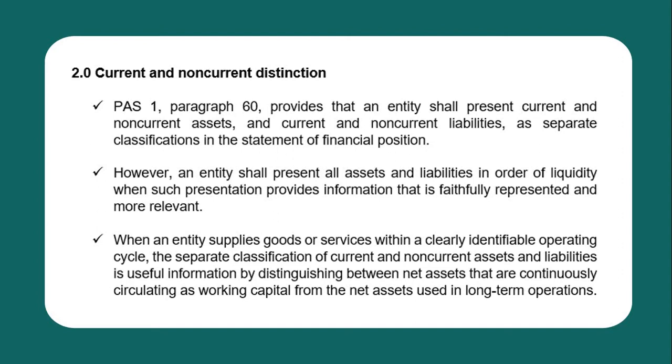Aside from the one year period, another basis of classifying whether it is current or non-current is whether it is within the operating cycle. So, if those items can be realized or settled within the operating cycle, then they would be classified as current assets or current liabilities.